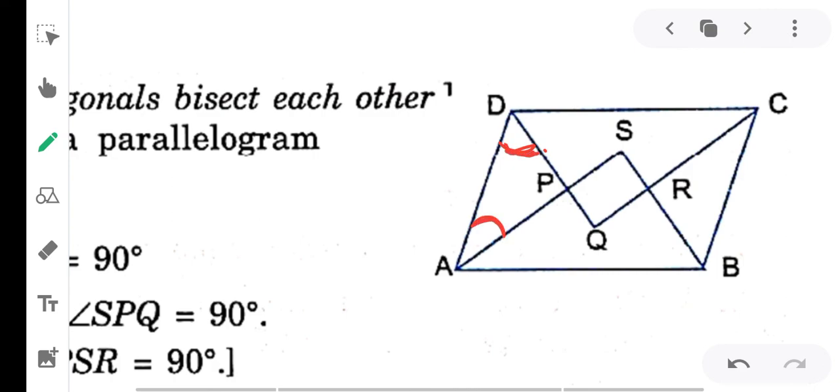The sum of these two angles is 90 degree. Then this angle DPA will be how much? 90 degree. If DPA is 90 degree, then CPQ is 90 degree, vertically opposite angles. Like that we can prove PSR is also 90 degree, SRQ is also 90 degree, and PQR is also 90 degree.